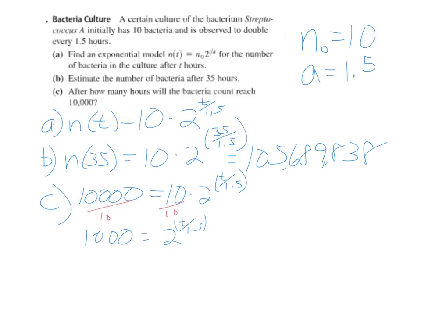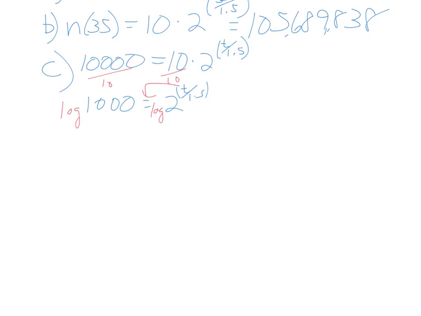Now, I don't want to have a variable exponent. I need to get that down. So the way you get exponents down is you log both sides, and that will move the exponent out in front. So now we have log of 1,000 equals t over 1.5 log of 2. Divide both sides by log 2.